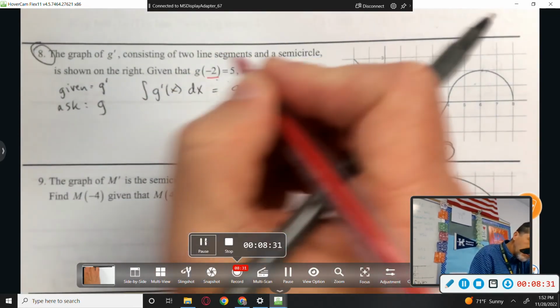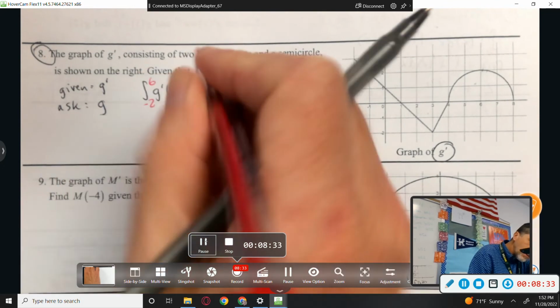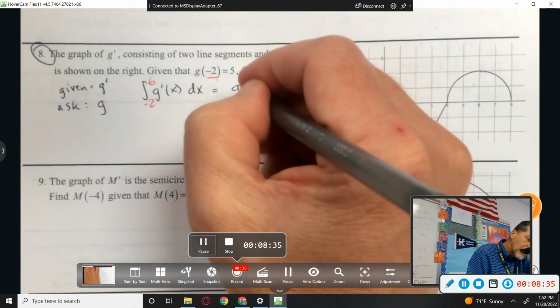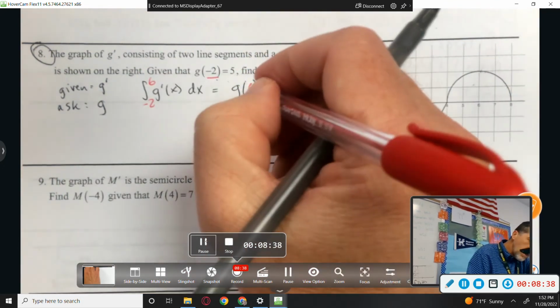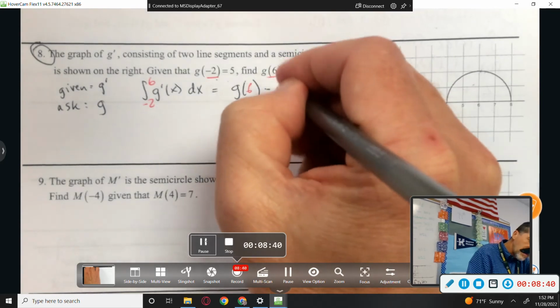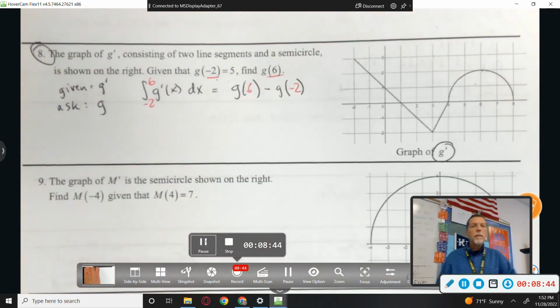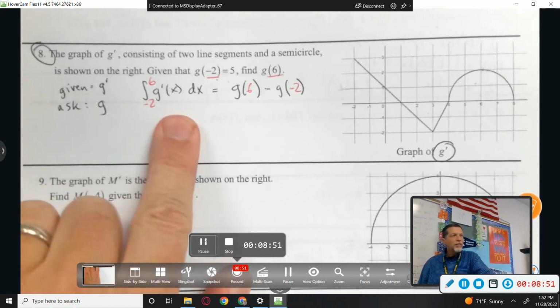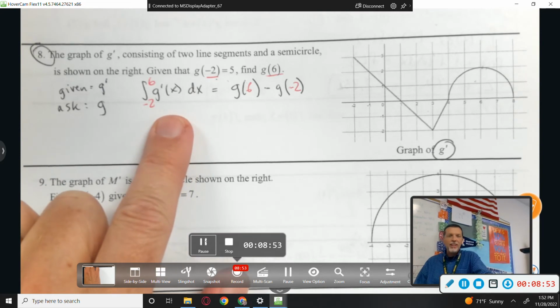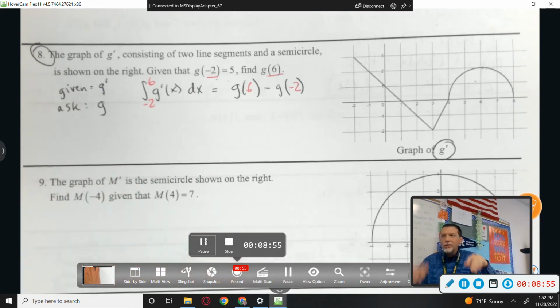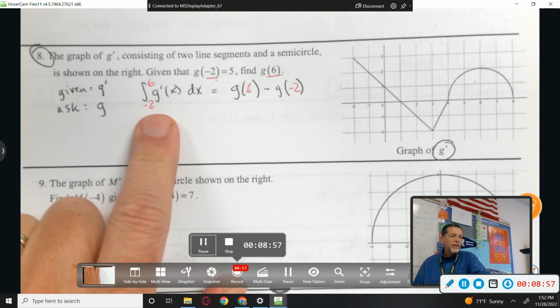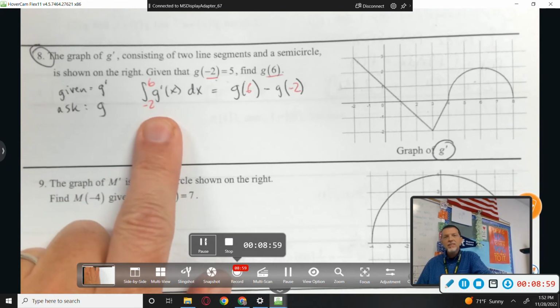Well, it gives me some values, so negative 2 to 6 would be G of 6 minus G of negative 2. Well, how can I find the antiderivative of G prime when I don't have an equation? Like that last one, I had an equation, I'll let the calculator do the work. How am I going to find this antiderivative?